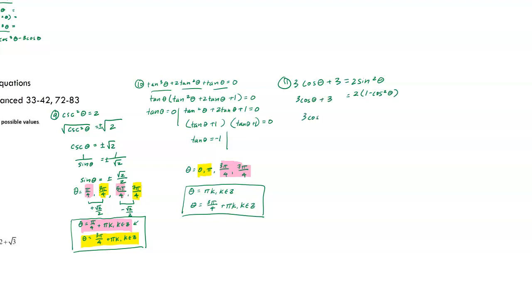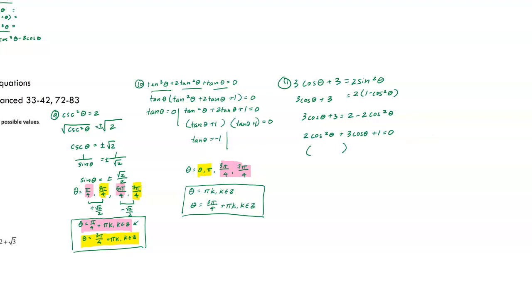So that becomes 3 cosine theta plus 3 equals, distribute, minus 2 cosine squared theta. Move everything to the left-hand side. So I get 2 cosine squared theta plus 3 cosine theta plus 1. Okay, now I just need to factor. You could say a equals cosine of theta if you want, or if you feel comfortable just factoring the way it is, then factor the way it is.